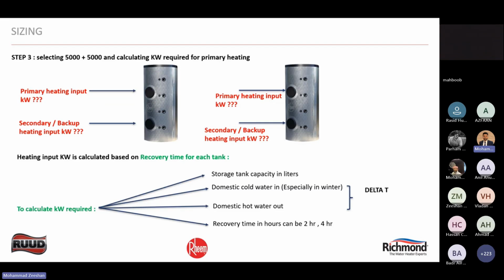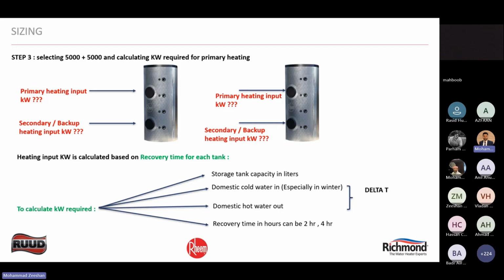We have now primary heating input, which will come from heat pumps, and the secondary backup, which will be electrical. Now, depending on the configuration of the heat pumps you select, the position of the heat exchanger will change. So, in case you're using electric backup as a backup only, then the position will be slightly at the center.